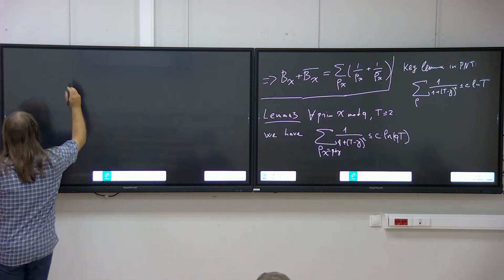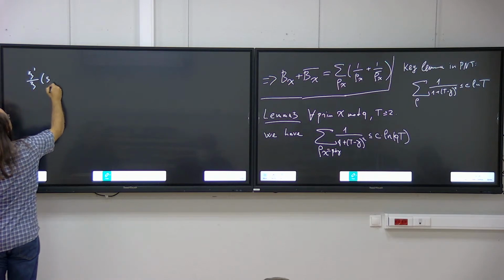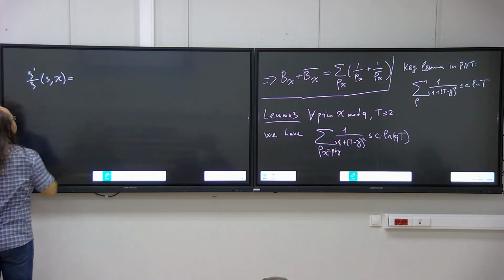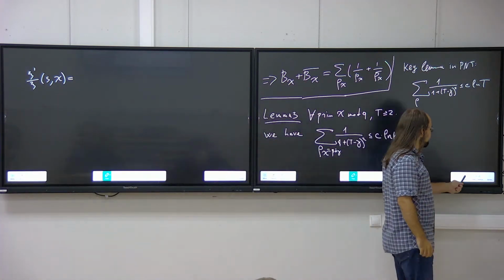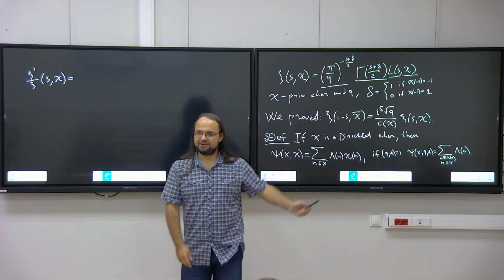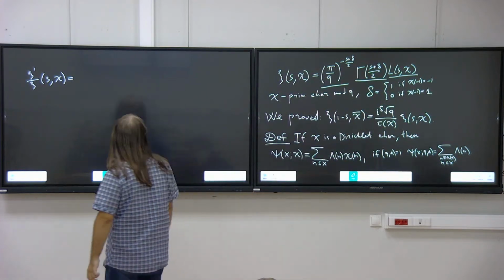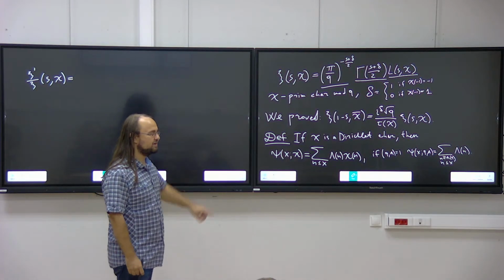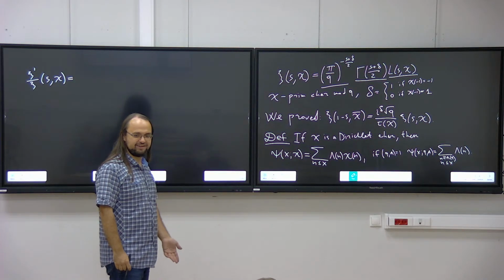Well, xi prime over xi of (s, chi) is equal to what? Let me once again show you the formula for xi. We need to take the logarithmic derivative of this expression here. So from the first term, pi over q, you are going to get half a logarithm of q over pi.